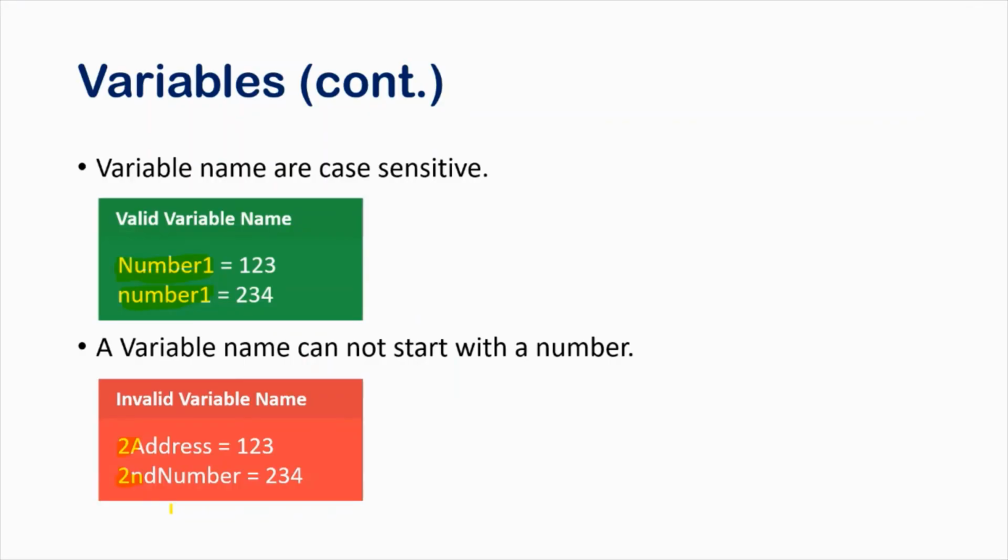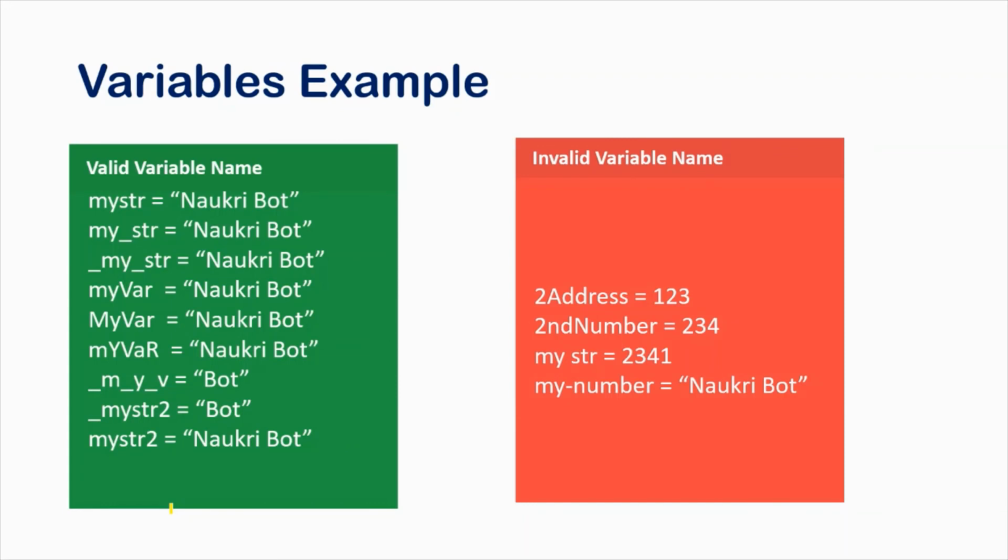Okay, fine. The next slide shows all the valid variable names, and all the invalid variable names I have mentioned here. We can see this mystr started with a character. It's correct. my_str, in between there is one underscore. It's also correct. The third one started with the underscore symbol, and in between also there is an underscore. It is also correct. This myVar is a variable which started with small letters, and in between there is one capital letter. This is also correct. Capital and capital, this is also correct.